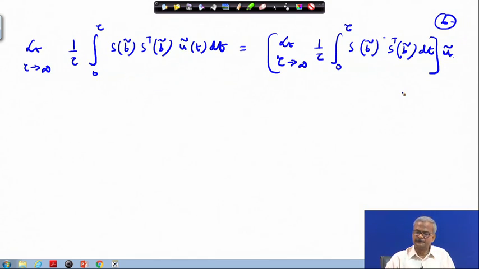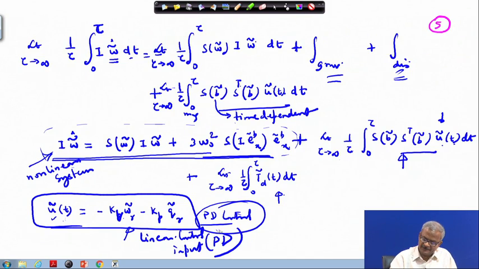We remove the t notation because we are taking the state feedback.